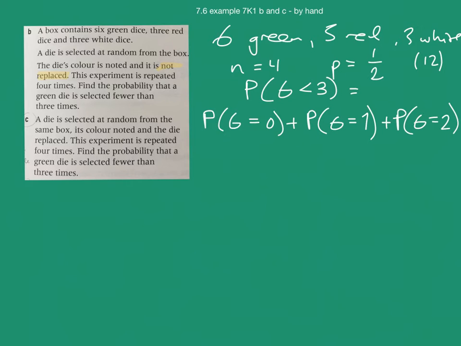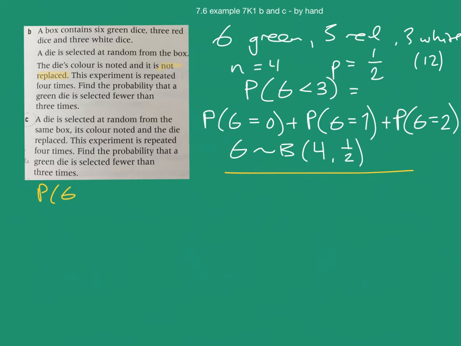These are the probabilities that we want to add together. And so green is a random variable that is binomially distributed with the parameters 4 and 1/2. So that's our starting point. So here we have not 1 but 3 probabilities we want to find. So we'll just start with the first one.